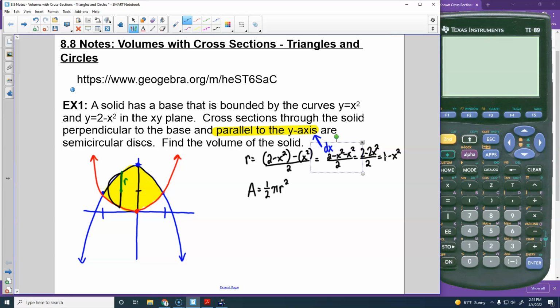What most students do wrong is they forget to divide that by 2, because you don't do that for squares or rectangles. You're just going to use that part that we were calling S on the other problems. So that radius is 1 minus x squared. So our area formula will be 1/2 pi times 1 minus x squared squared.